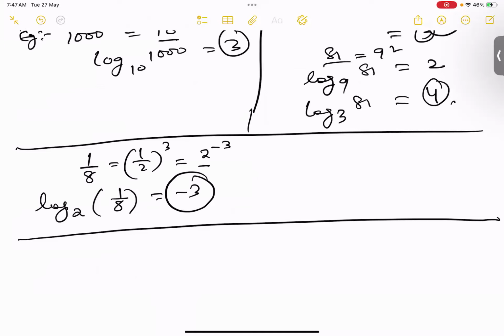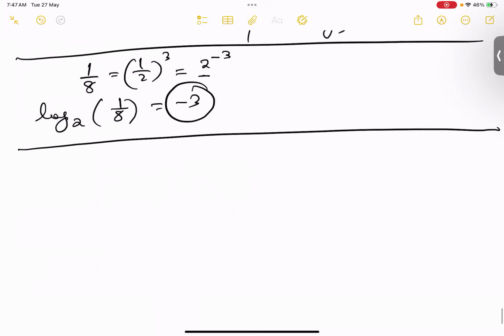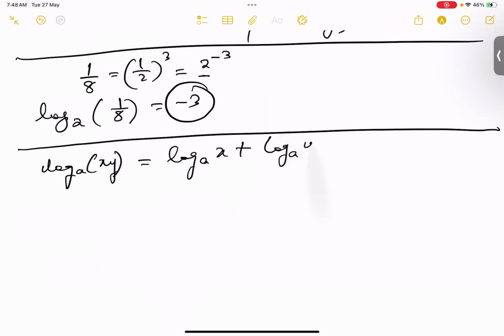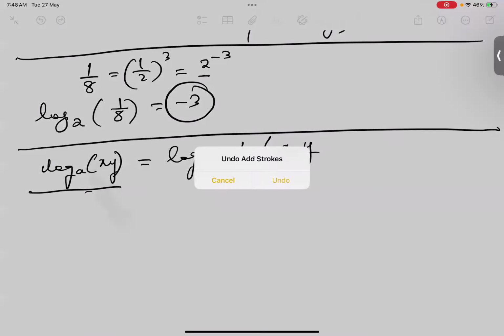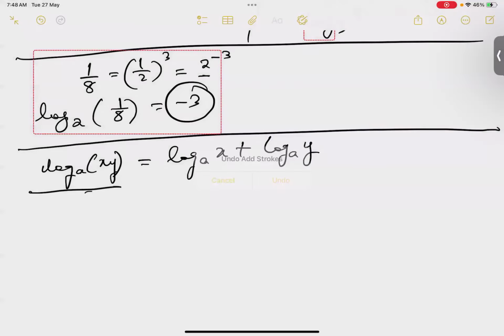So in logarithm, there are some formulas, just a common way of understanding. If the logarithm has base a and the number is xy, then log base a of x plus log base a of y. So if there is a logarithm where the number is a product of two numbers, then we can separate it in terms of addition.